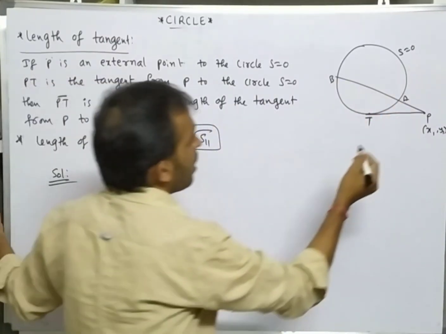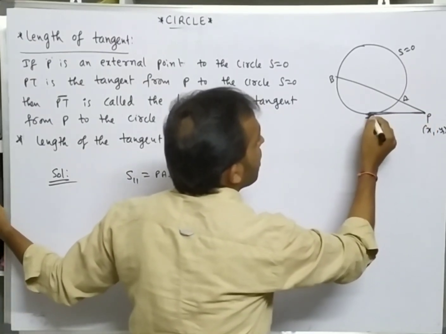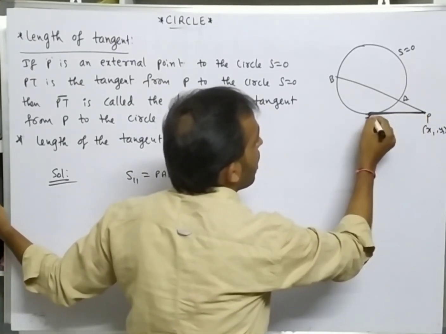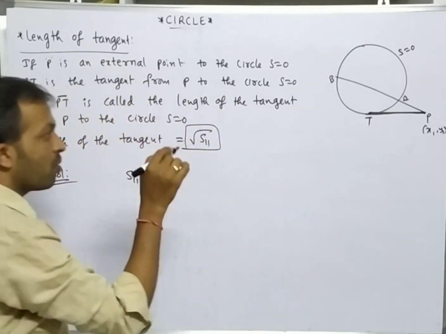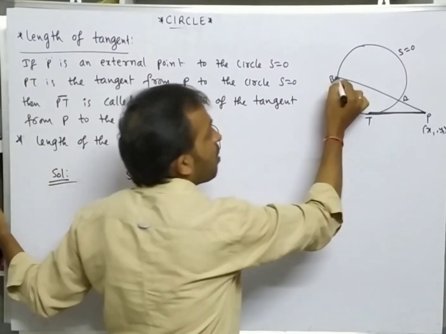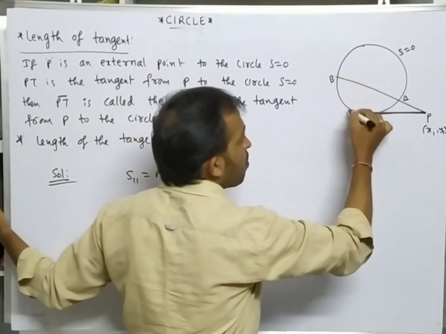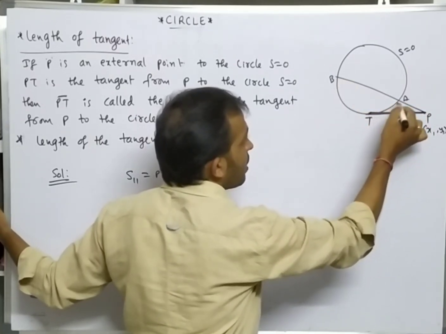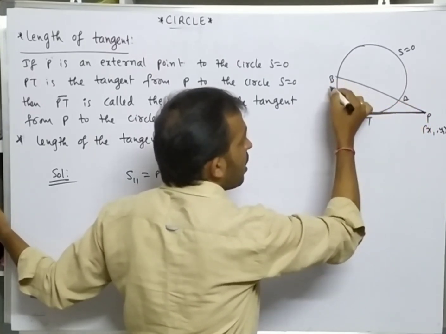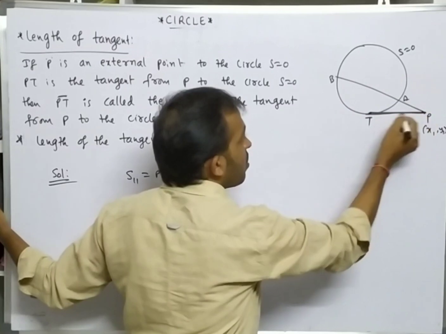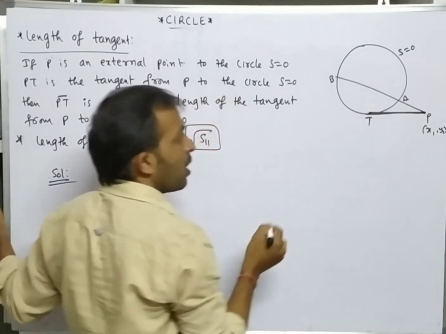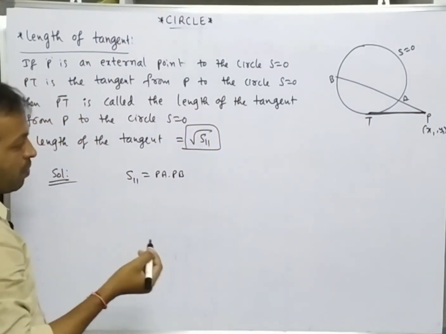But here PT is touching at only one point, so B is approaching A. Think like that: B approaches A, then B coincides with A. Their coincidence occurs at T.